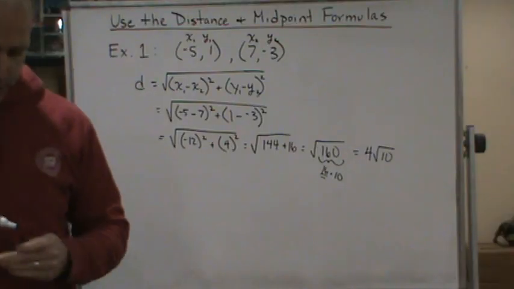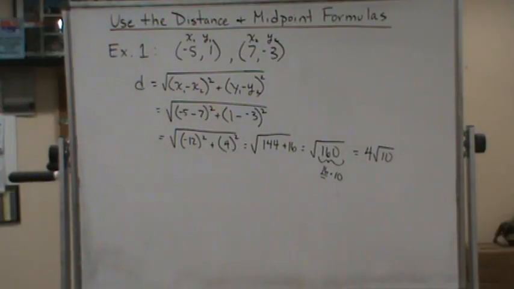Now, what if they wanted you to approximate the answer, the distance, using 2 decimal places, right? So sometimes the problems are going to ask you for an exact answer, and sometimes the problems are going to ask you for an approximate answer.